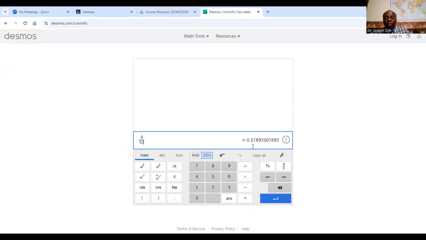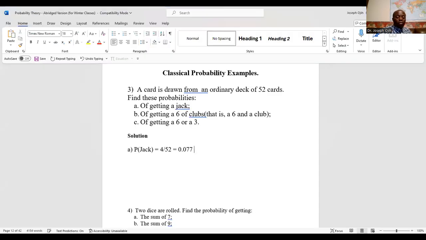When you round it to 3 decimal places, you get 0.077. Or you have a 7.7% chance of getting a jack.